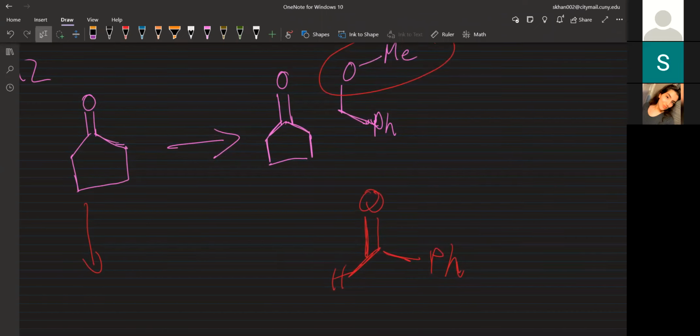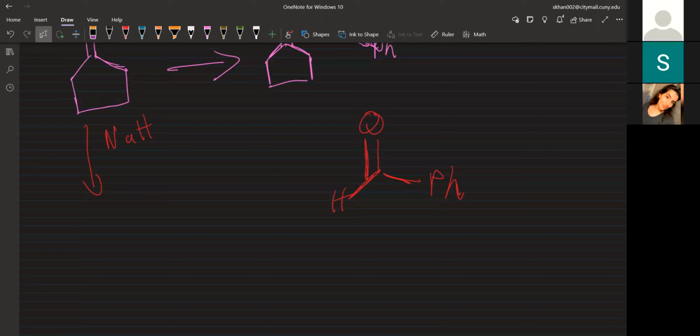The reason I like NaH is because it's non-nucleophilic, so you don't have to worry about the OH attacking your carbonyl and making something else. So I'm just going to use NaH here. LDA would be fine. NaOH, NaOEt, any of those should be fine. You just need the strong base to deprotonate it.